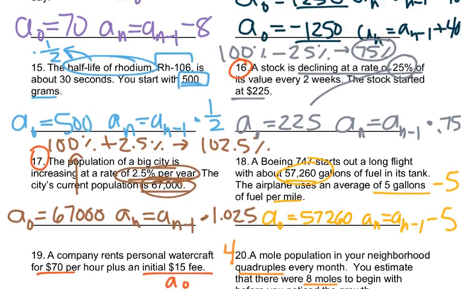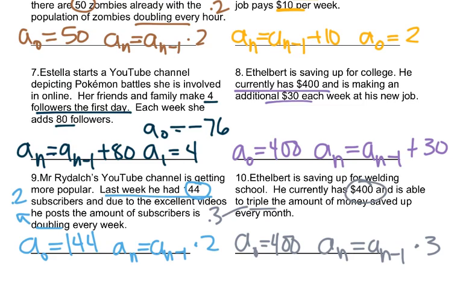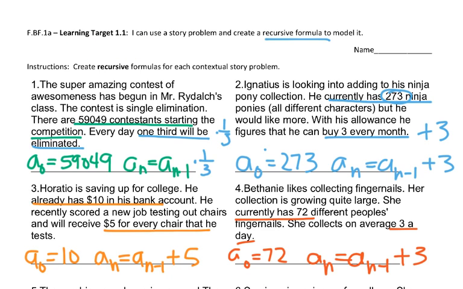Also remember, like we looked at back here, that a sub 1 sometimes can be used instead. There we go, guys. Hopefully that has helped you to understand Learning Target 1.1 and that you can now take story problems and create recursive formulas. If you're still struggling, get some extra help and make sure you understand what you're doing.